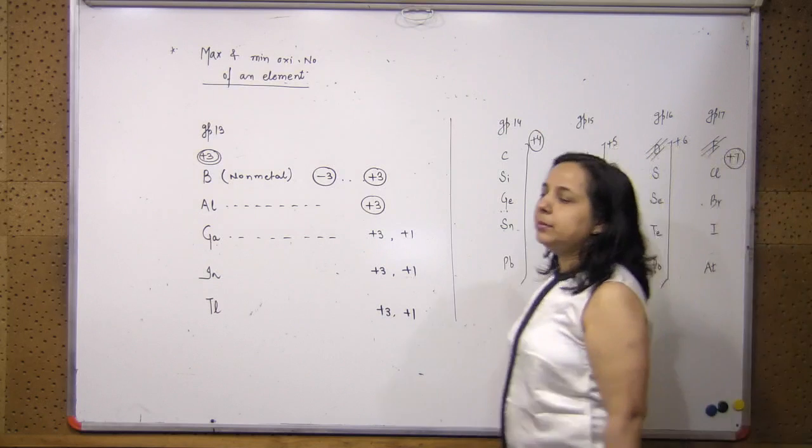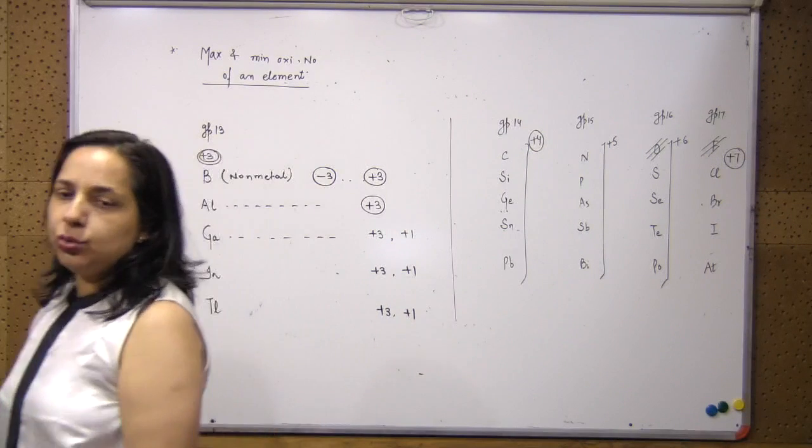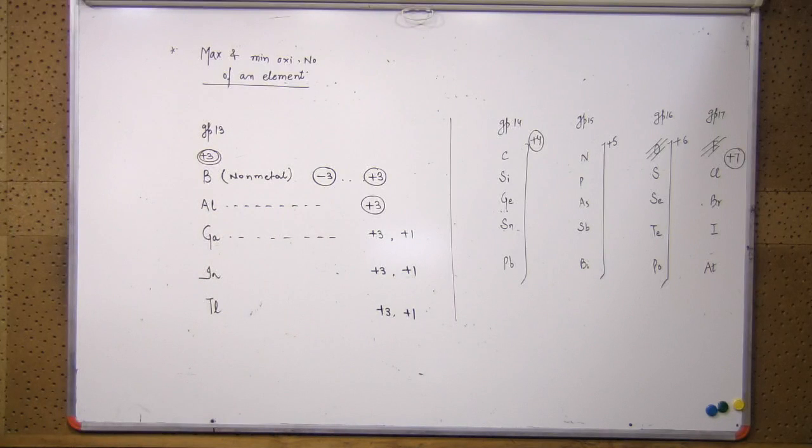It means the maximum limit of each family you must know. Now we learn this. Group 13 is the boron family, maximum is +3. Carbon family maximum +4. Then the nitrogen family, sorry, +5. Oxygen family, it's going to be +6.